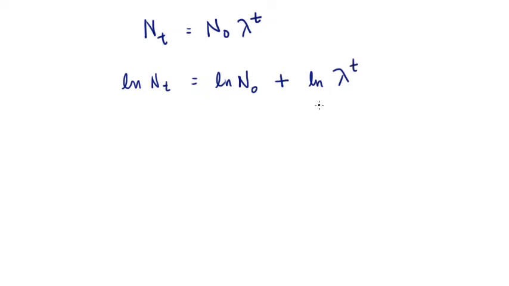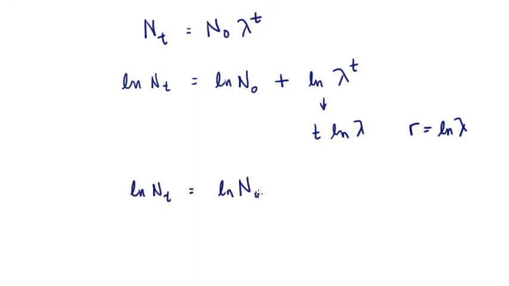And you should know that the second term simplifies to t times the natural log of lambda. This part is just basic algebra. And now we're going to do a substitution. We define little r as equal to the natural log of lambda, and we replace the natural log of lambda with this new term in our equation. And so we have the natural log of n sub t is equal to the natural log of n sub 0 plus rt.